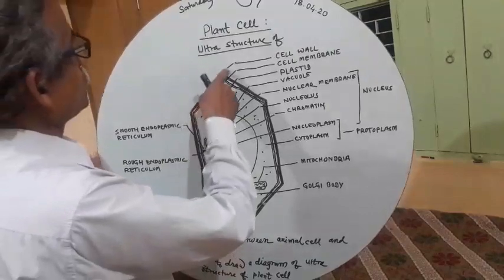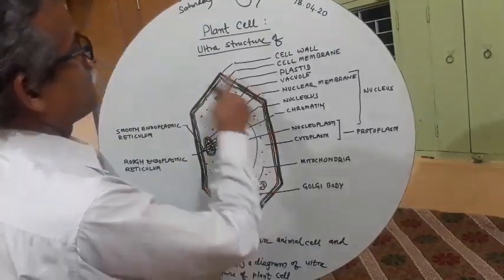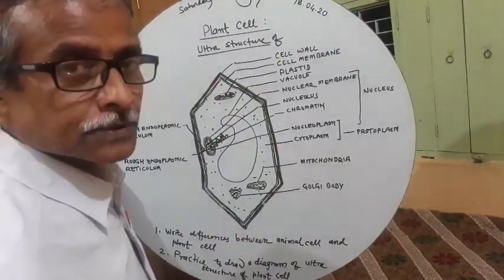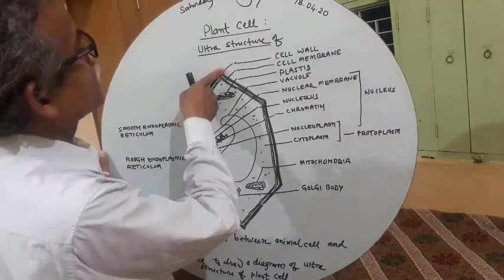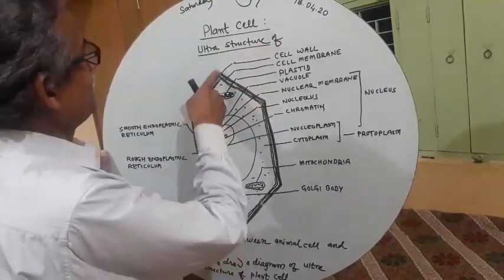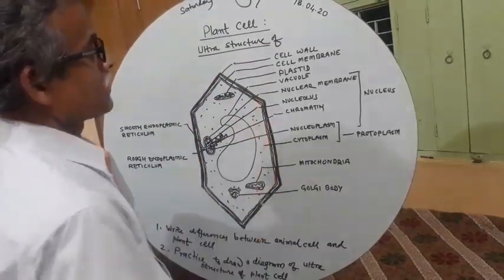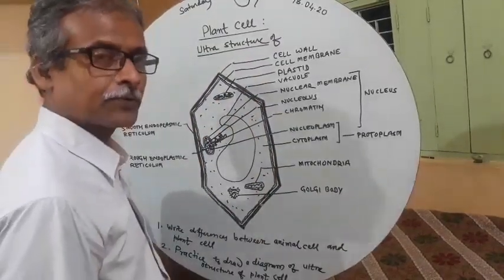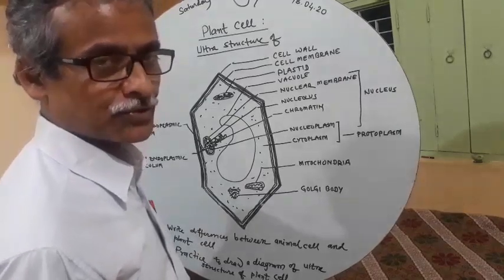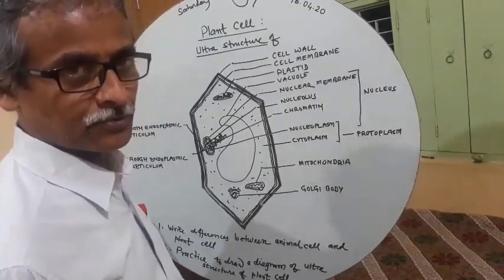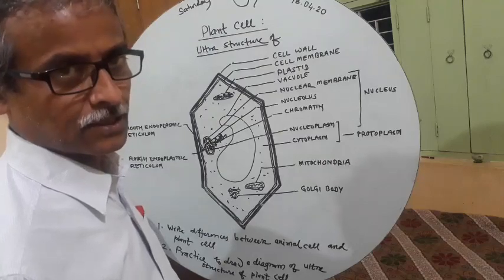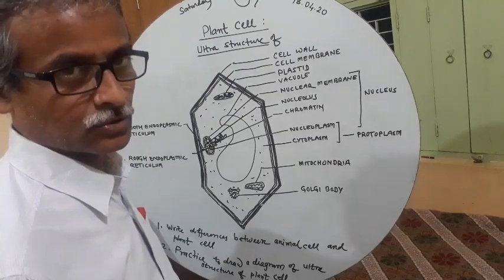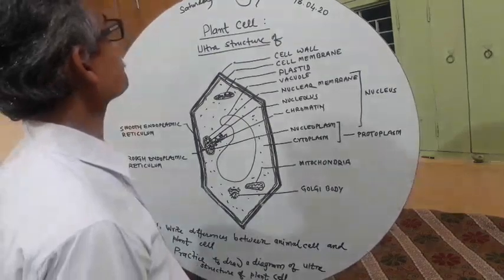The outermost boundary of the plant cell is cell wall. It is thick and made up of cellulose, a type of polysaccharide, a type of carbohydrate.